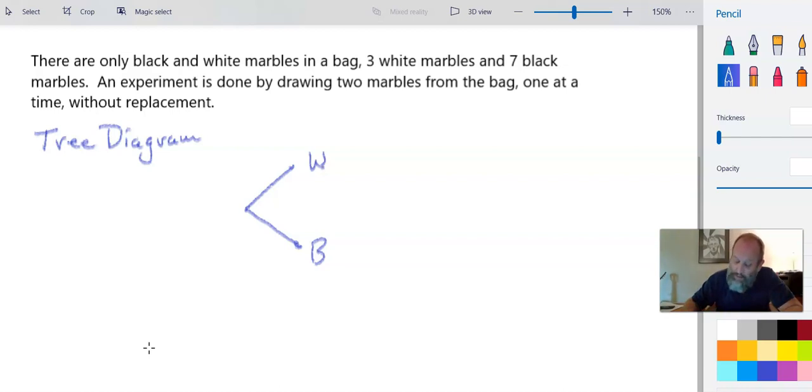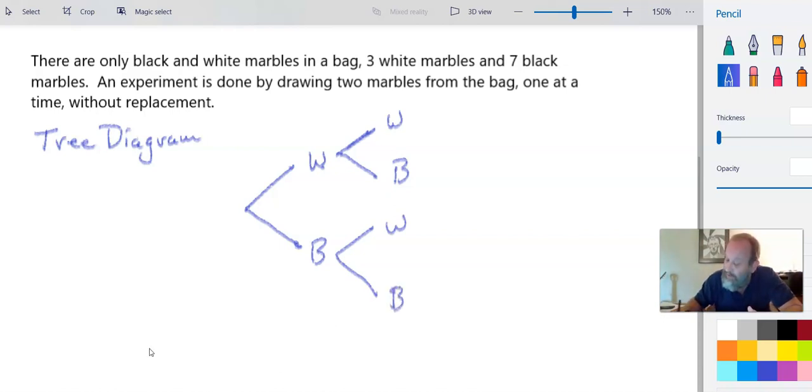If I draw a white marble, the second choice could be a white marble or a black marble. Down here, if I draw a black marble on the first draw, the second draw could be a white marble or a black marble.